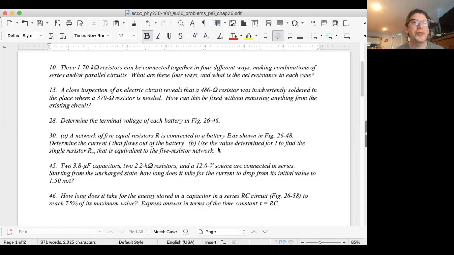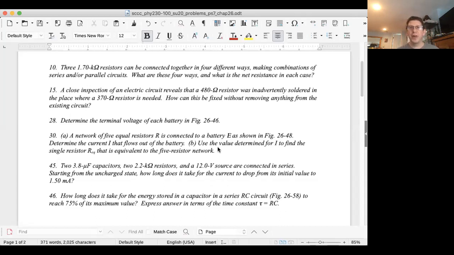That brings us to problem 45. 2 3.8 microfarad capacitors, 2 2.2 kilo ohm resistors, and a 12.0 volt source are connected in series. Starting from the uncharged state, how long does it take for the current to drop from its initial value to 1.50 milliamps?